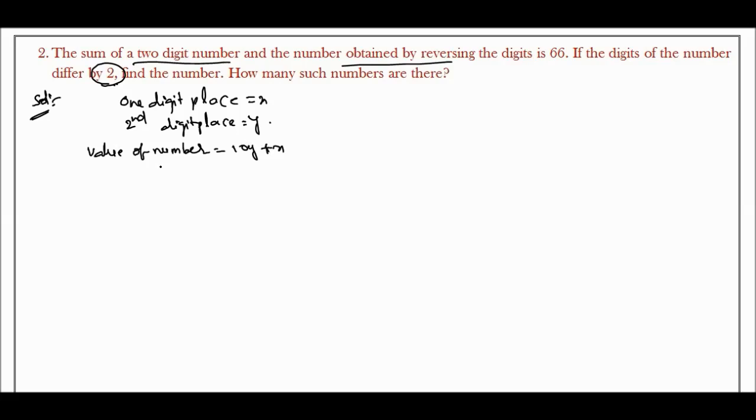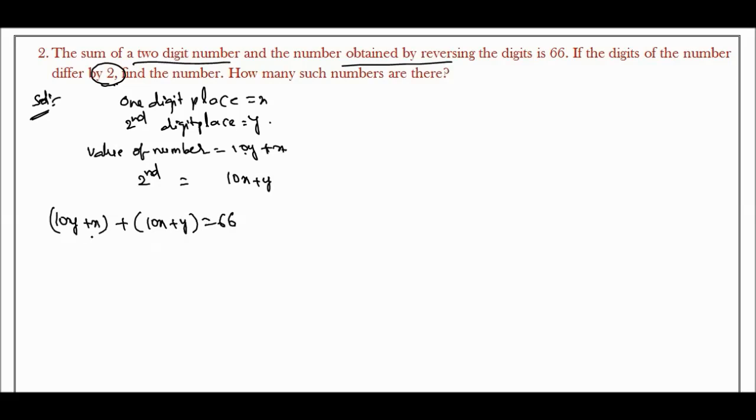That is the first number, and the second number, by reversing the digits, is 10x plus y. The addition of these two numbers is equal to 66. So 10y plus x plus 10x plus y is equal to 66.